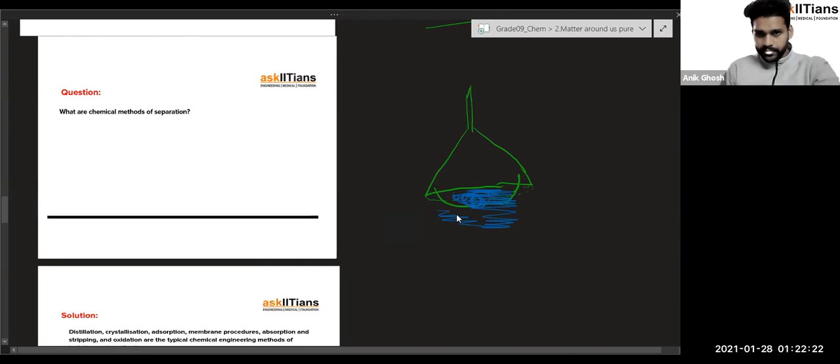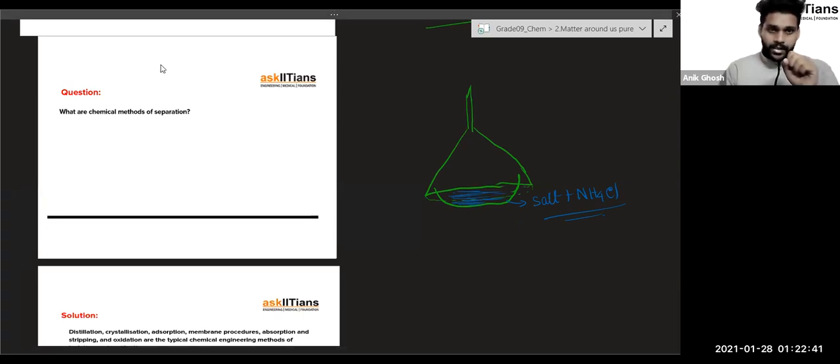So it would be containing the mixture of salt and NH4Cl. Fine. So from this mixture, we are going to separate out the salt and NH4Cl. What you have to do is, you just need to heat this thing.